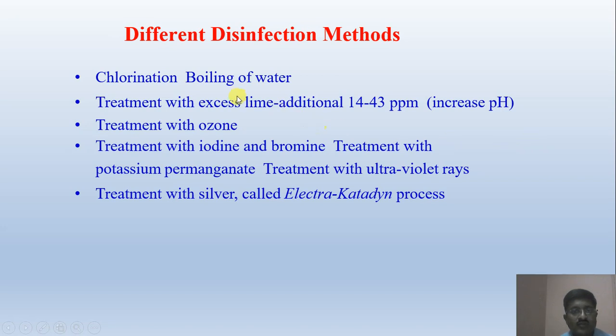Now, there are many types of disinfection methods: chlorination, boiling of water, treatment with excess lime, additional 14 to 43 ppm, which will increase pH, treatment with ozone, treatment with iodine and bromine, treatment with potassium permanganate, treatment with ultraviolet rays, and treatment with silver, called the electro-katadyn process. All these disinfection methods we are going to learn.